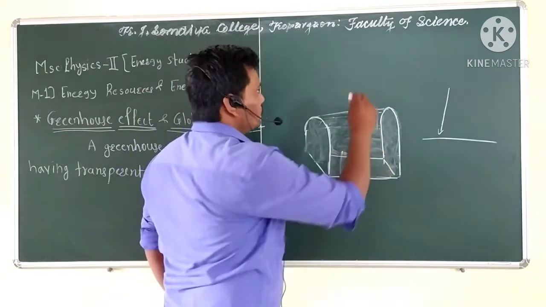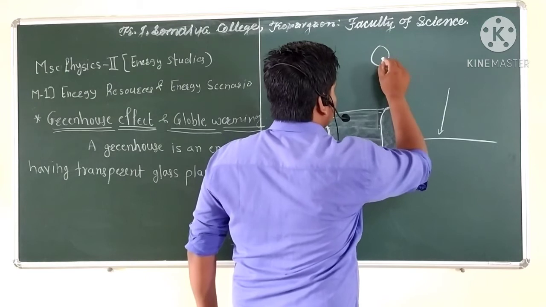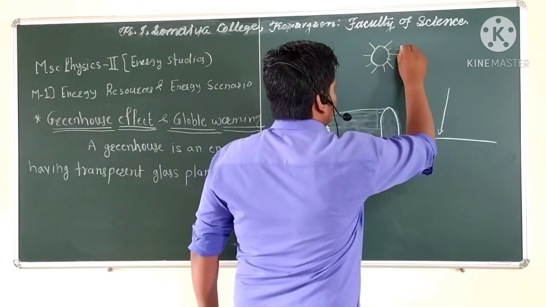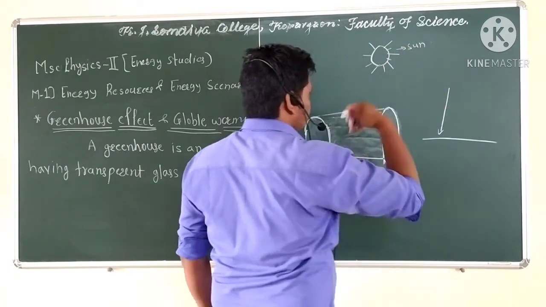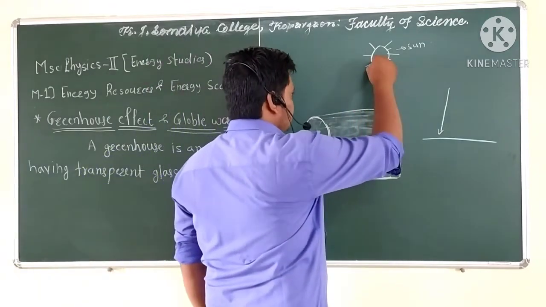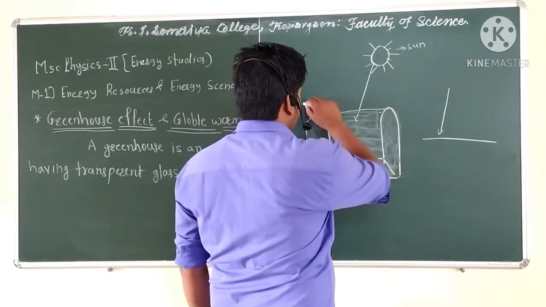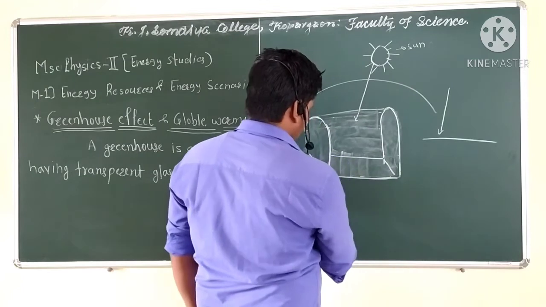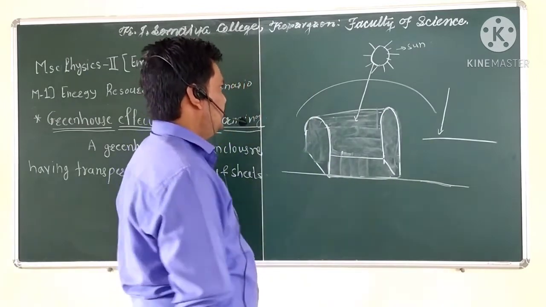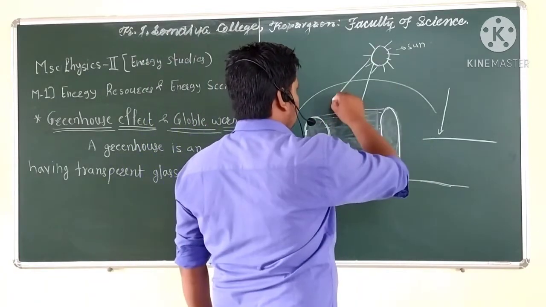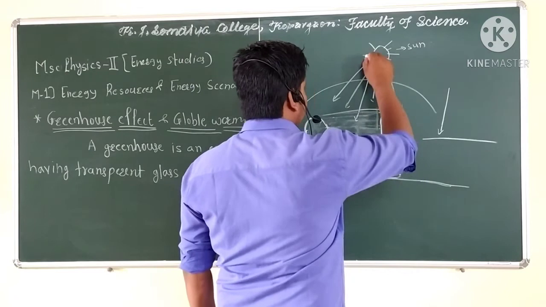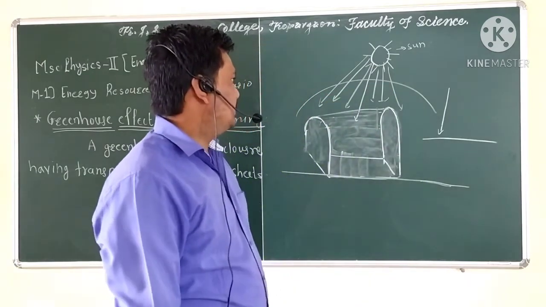Suppose this is the sun. The sun emits solar radiation, which is incident on the earth's surface. Suppose this is the atmosphere, and this greenhouse is on the surface of the earth, in the agricultural area.